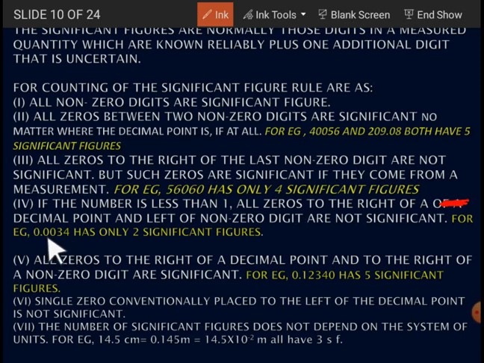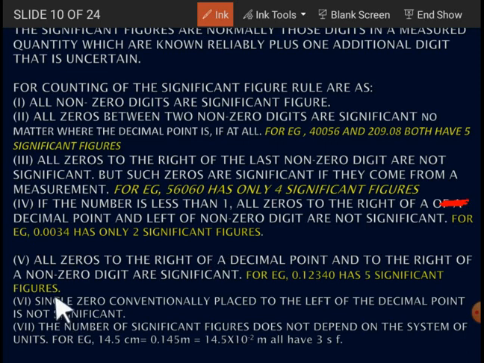So in 0.0034, these two zeros are on the right side of the decimal point and left of the non-zero digit, so they are not significant. So your 0.0034 has only 2 significant figures, for these 3 and 4. 1 digit, 2 digit, so it will have 2 significant figures.